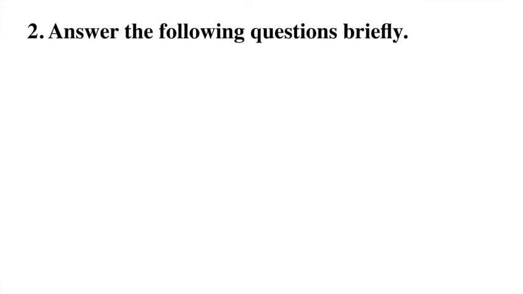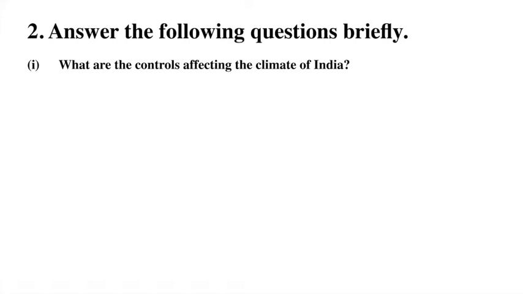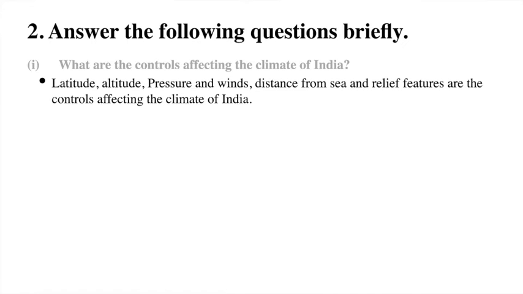Next, answer the following questions briefly. First question, what are all the controls affecting the climate of India? There are 6 controls that affect the climate of any place. But in India, there are certain controls that affect the climate of our country.